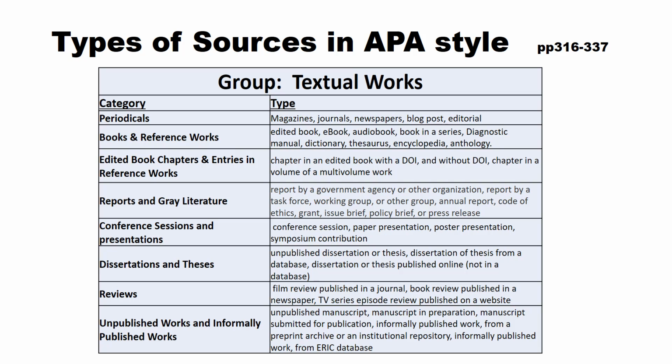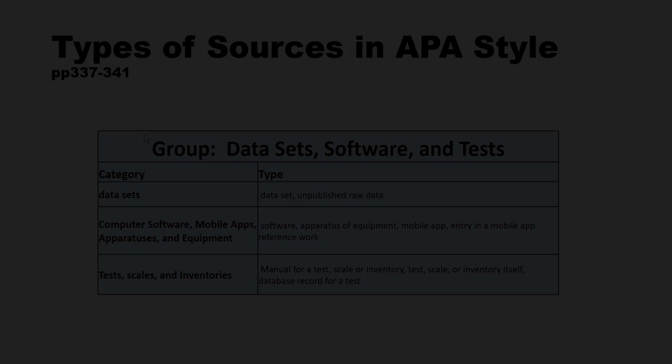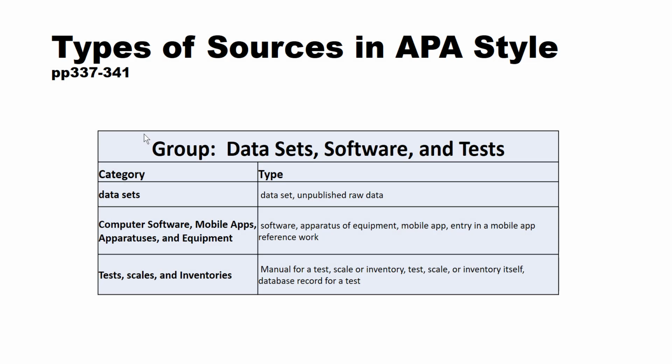The page numbers where you can find each group and category are in the following 4 slides. The first slide, here that's already on the screen, is the group of textual works, and so in that group we have the journals and the books plus some other things. The second group is dataset software and tests.